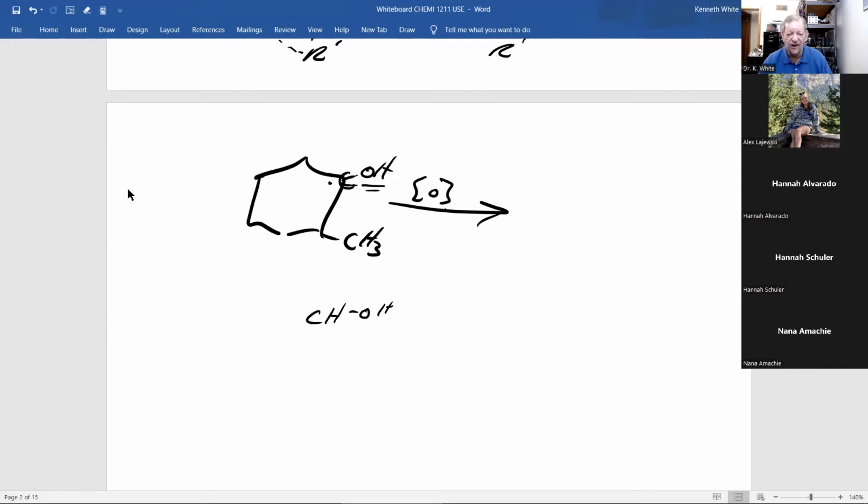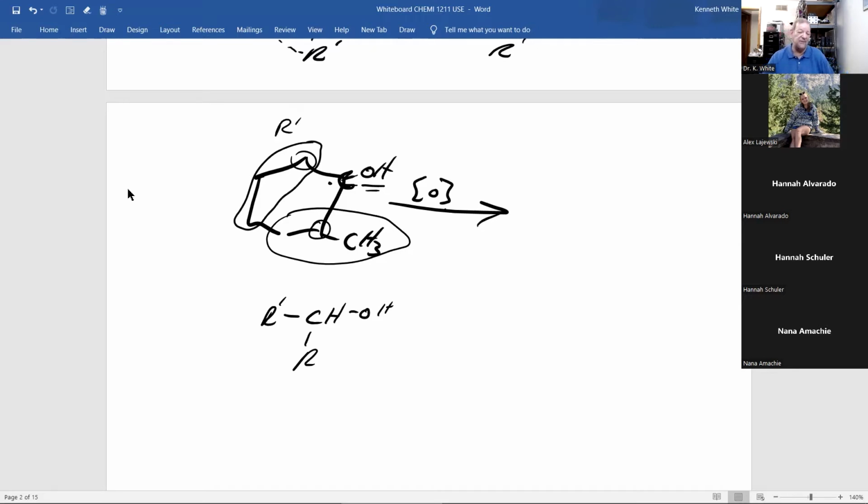If we look at this carbon, it's bonded to carbons here and here, which are bonded to other things, and that's our R group and R prime. And it doesn't matter which. You can say, and it doesn't matter how you parse it, this is my R, this is my R prime, or you can do it differently, but it comes out the same.